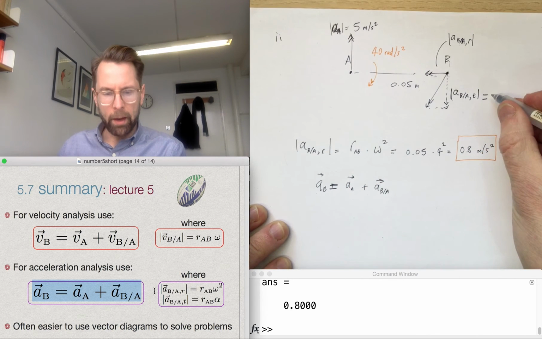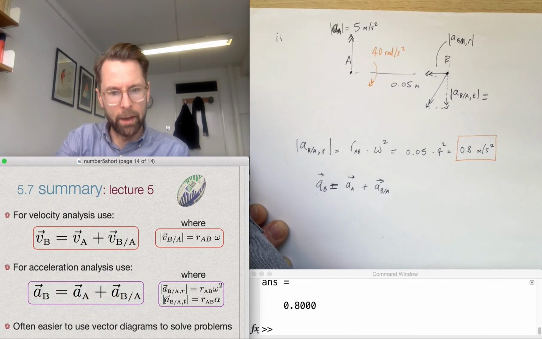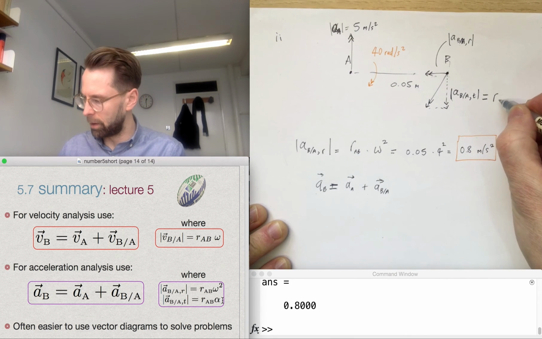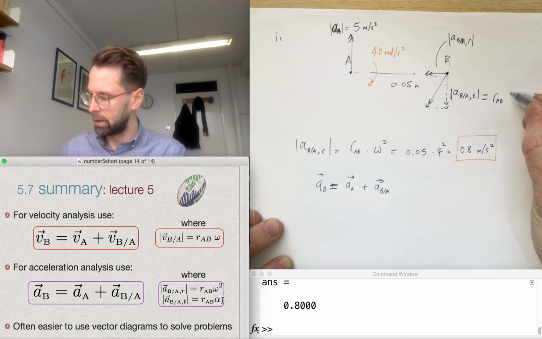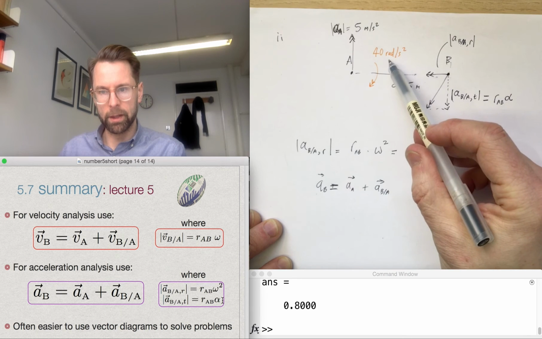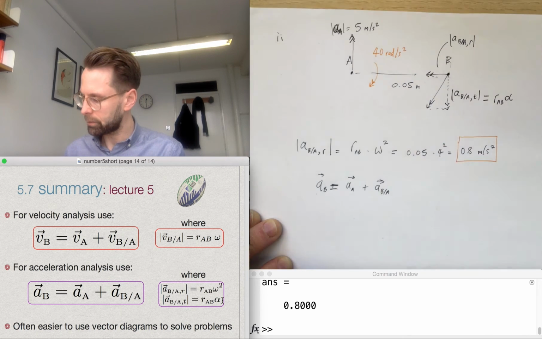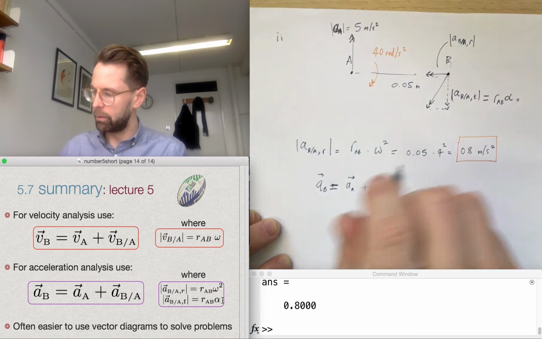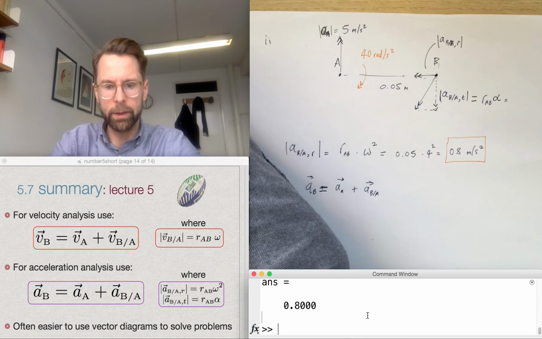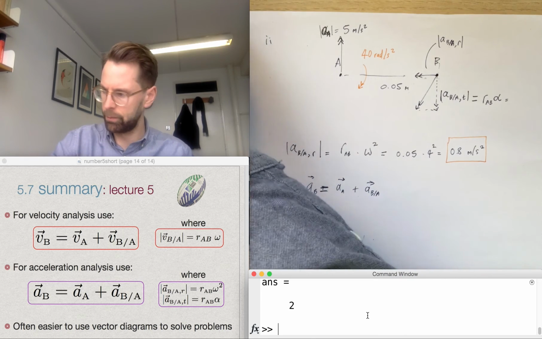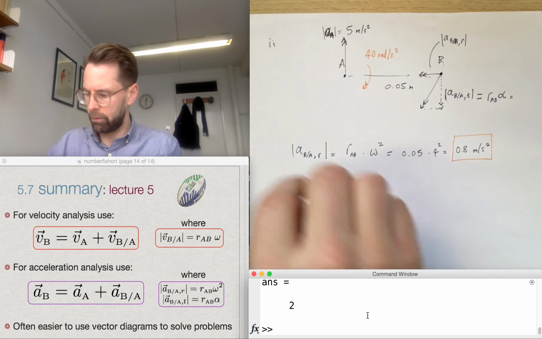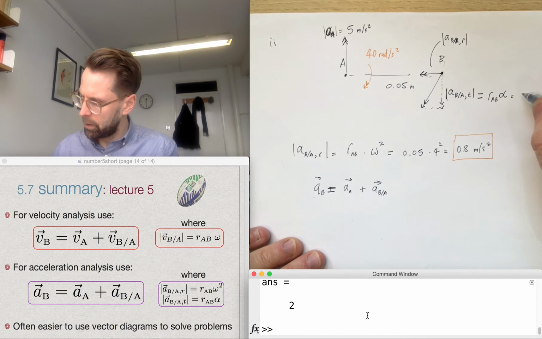That component, and it tells us what it is down here, is equal to the length RAB multiplied by the angular acceleration, which is given here as 40. So that is going to equal 0.05 times 40, which is 2 meters per second squared.